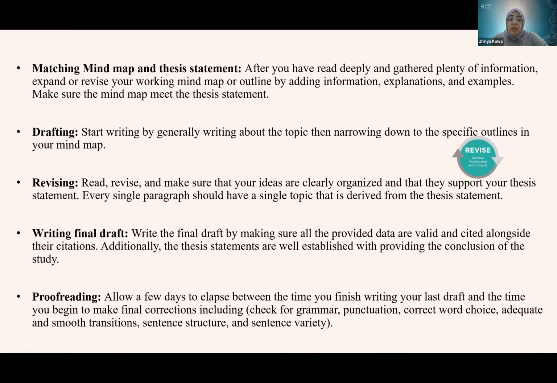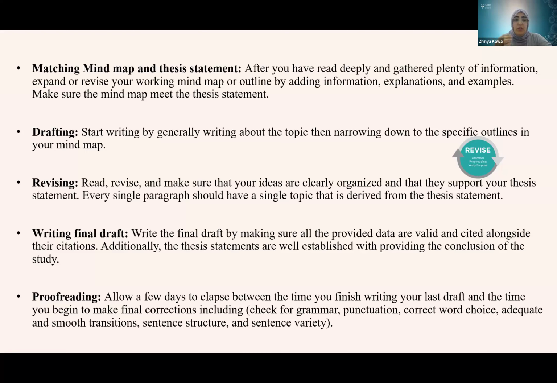In the revision part, you need to read and revise and make sure that your ideas are clearly organized and the ideas clearly flow until the end. For example, in the introduction you may have several paragraphs, and the first one is so different from the second one, like one from north and the other from south.